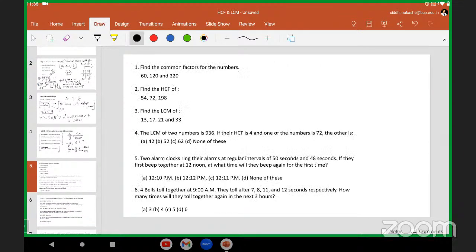So let us start with the questions. We can try question number 1. Find the common factors for the numbers 60, 120, 220.